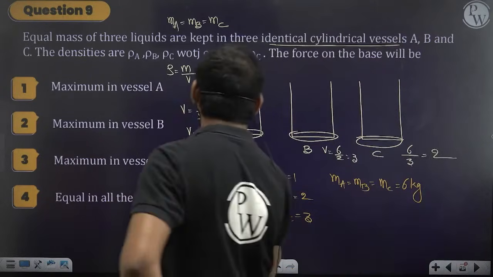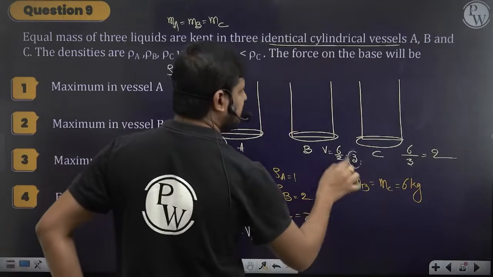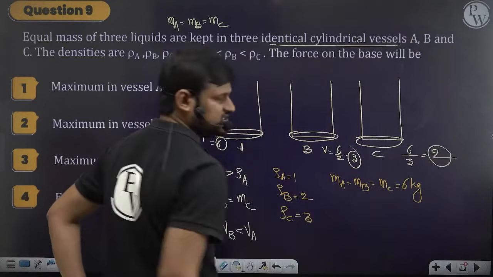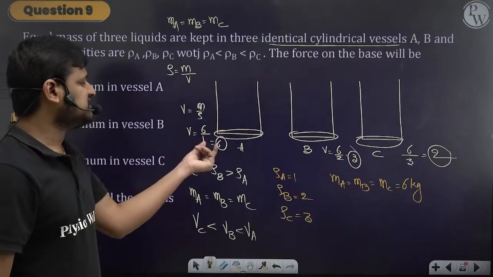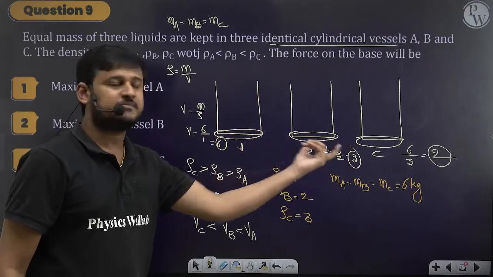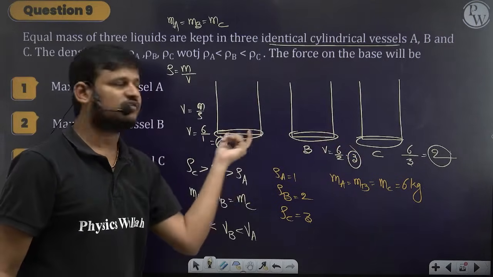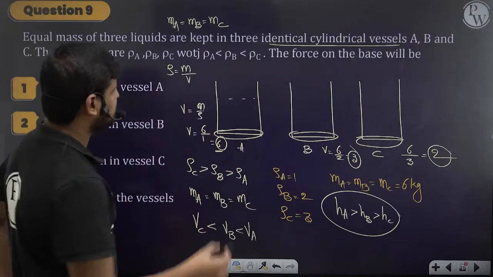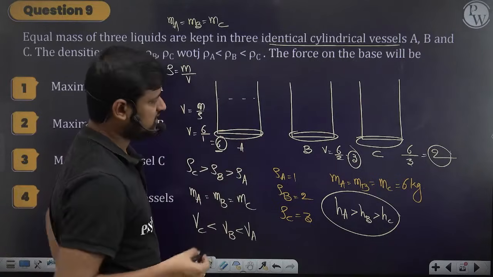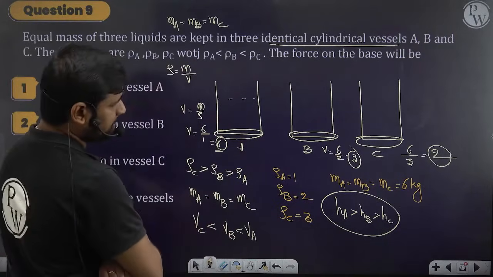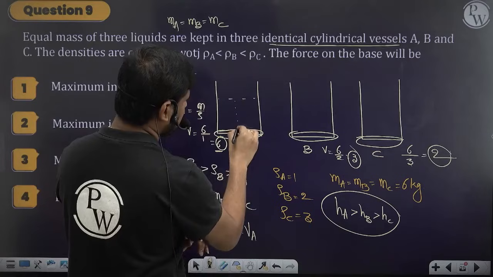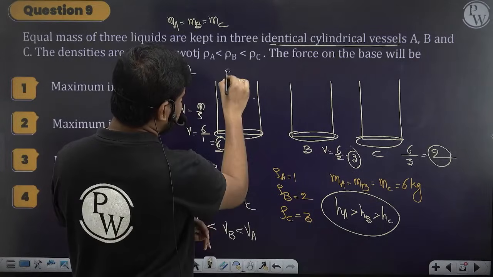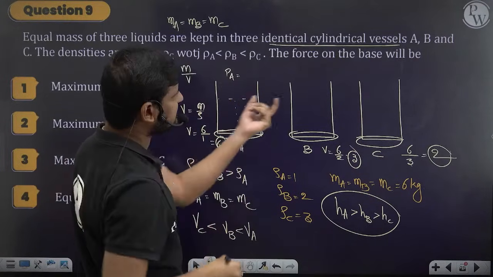So the volumes are 6 liters, 3 liters, and 2 liters. Obviously their base area is going to be the same in all of them. Now let's see the pressure in all these cases. The pressure in A is equal to P naught, which is the same in all, right?